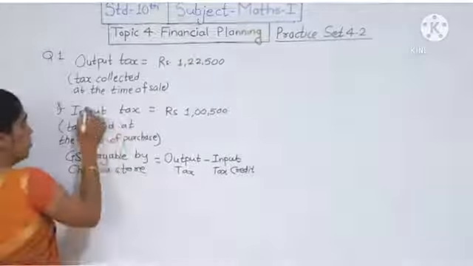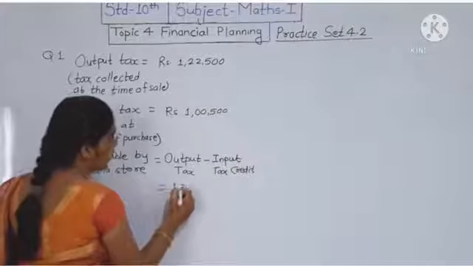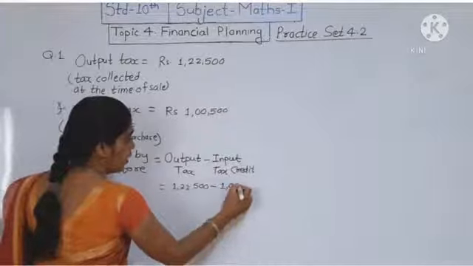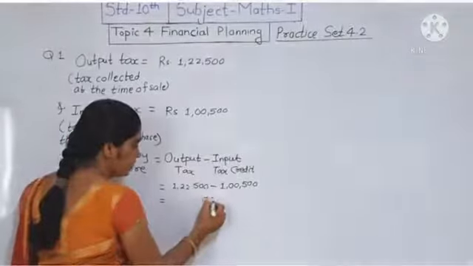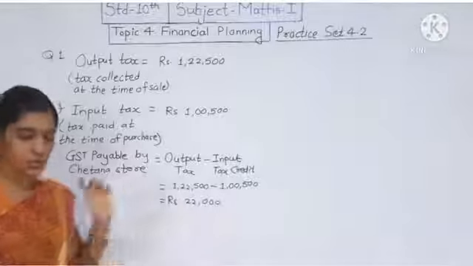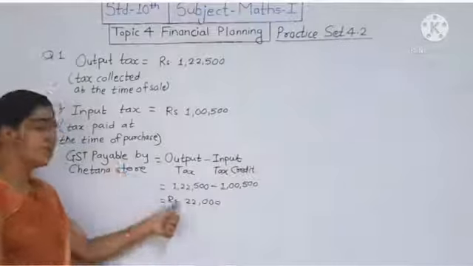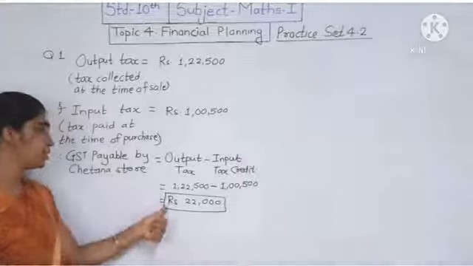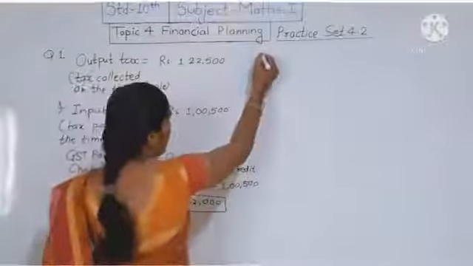So what is the output tax? 1,22,500 minus input tax credit 1,05,000. So our answer is rupees 17,500. Therefore, GST payable by Chetna Store is rupees 17,500. म्हणजे चेतना स्टोरला किती जीएसटी पेबल करावा लागणार आहे? 17,500 जीएसटी पेबल करावा लागणार आहे. ओके, अंडरस्टँड फर्स्ट एक्झाम्पल.